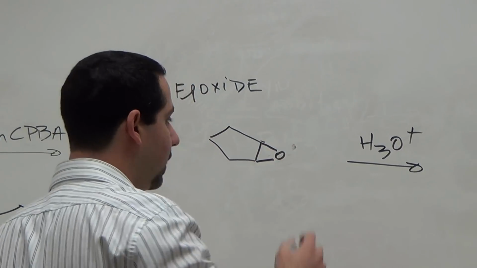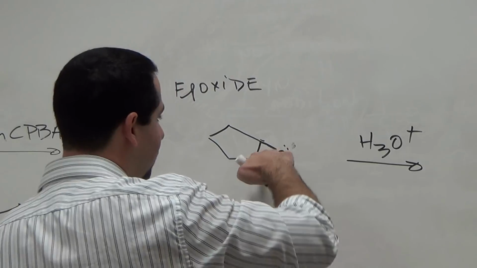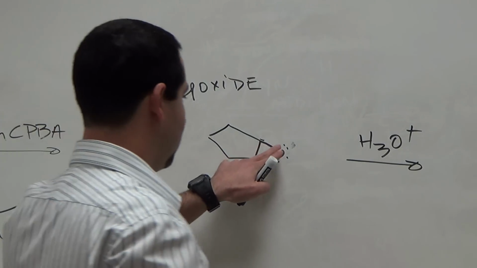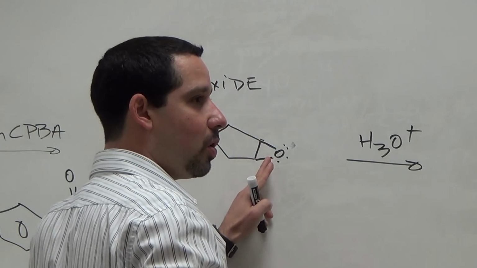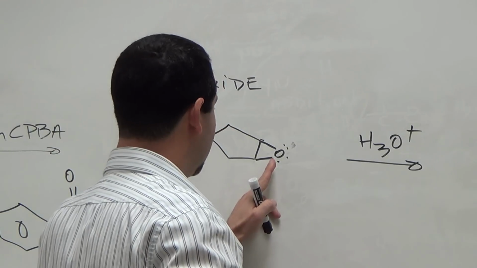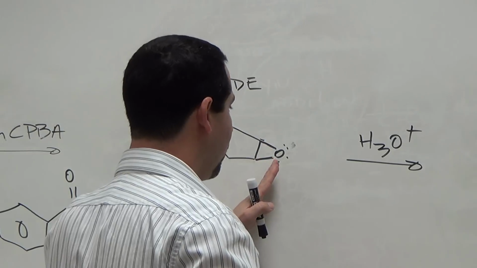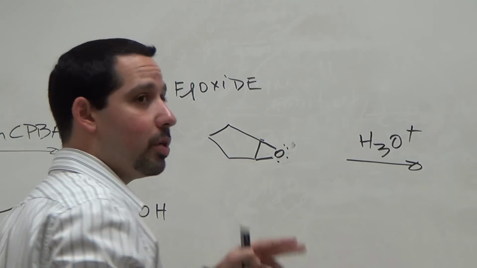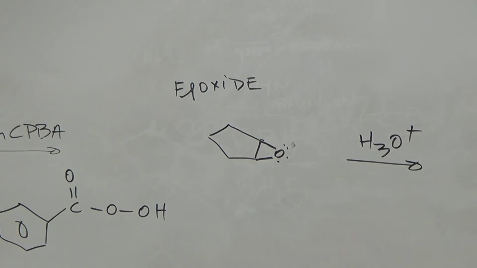This will be protonated. And because this is in a ring, have you noticed that rings always get attacked on the opposite side? This looks like what? It looks like a bromonium, chloronium, mercurinium, oxonium. It will attack on the other side, and every time it gets attacked on the other side, it will give you anti.